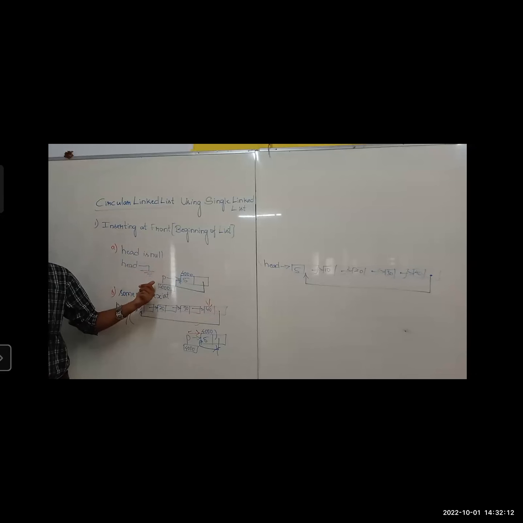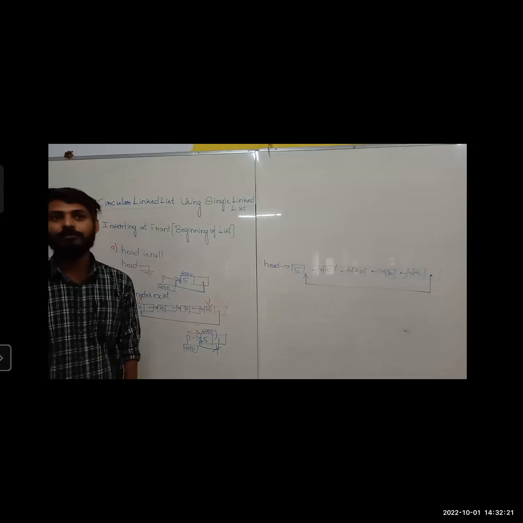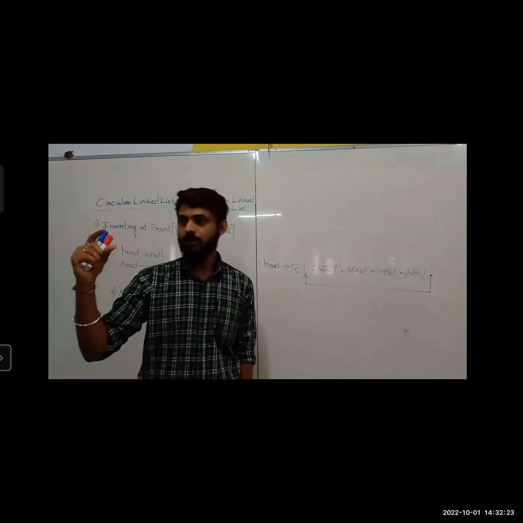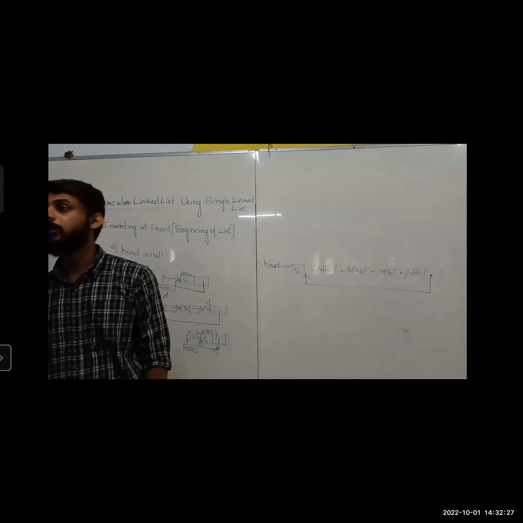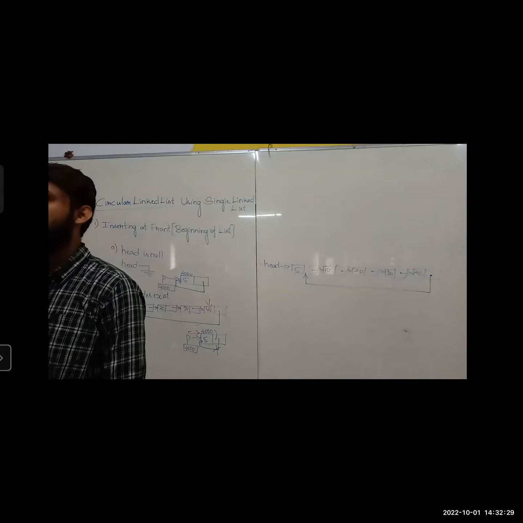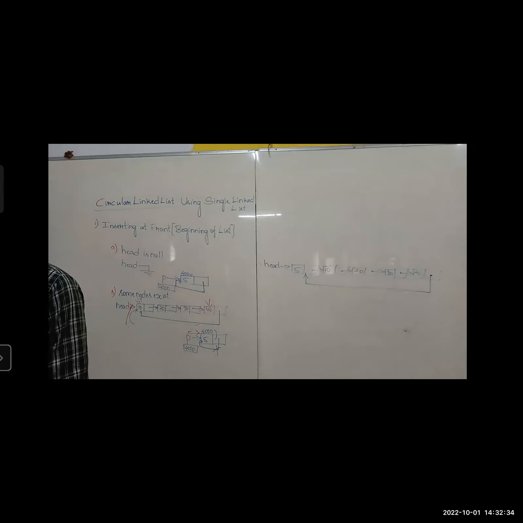In both cases, don't you think I'm ensuring that the last node's link is getting connected to the first node? Yes or no? We are not informing it anywhere. But previously, for example, structure means how a node should look, whatever it will have, I was informing the compiler by using something called a structure. But this we need not inform, but we should write our logic in such a way that it works like a circular queue.